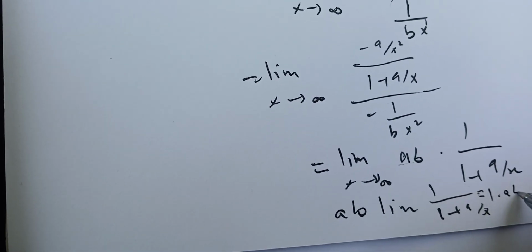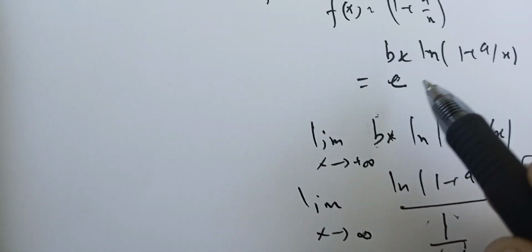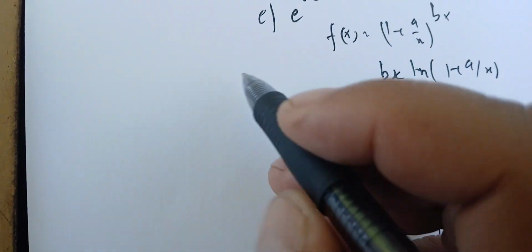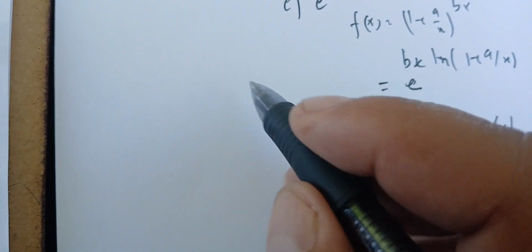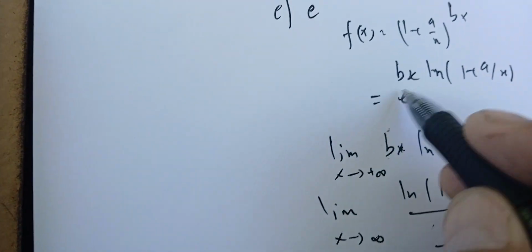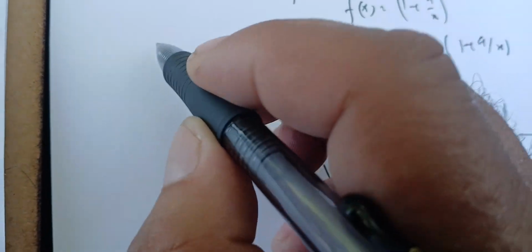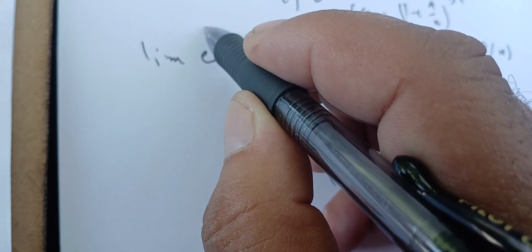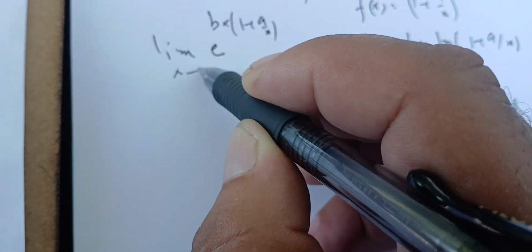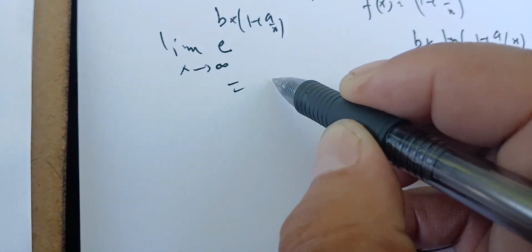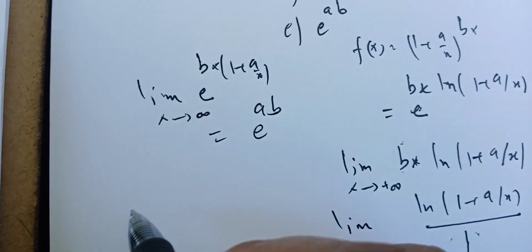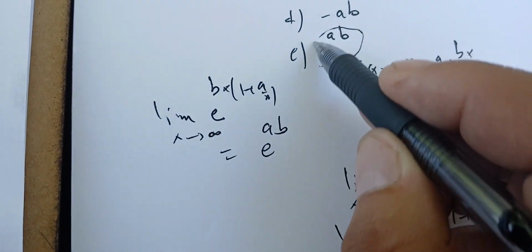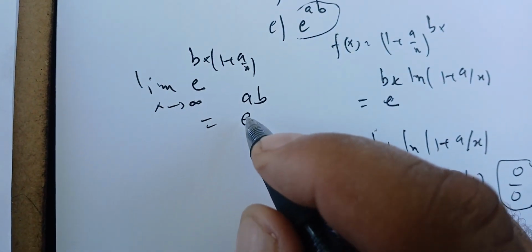Therefore, this is 1 times ab, and we go back and use the continuity of the exponential to say that the limit of e to the bx ln of 1 plus a over x, as x goes to plus infinity, is e to ab. Therefore, answer E is the correct one.